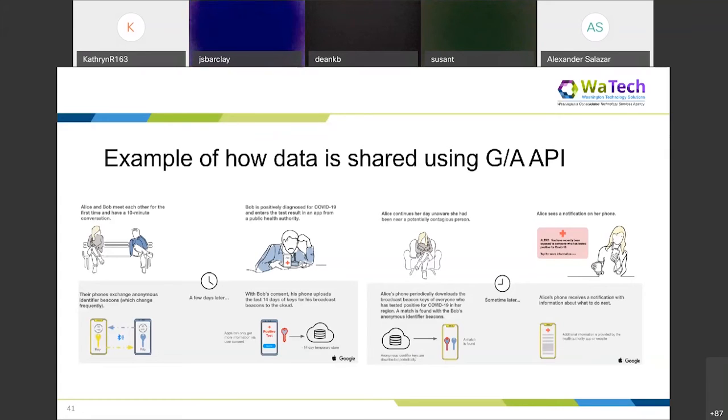There's not supposed to be any type of identifiable information in terms of what's being exchanged and what's being provided to the individuals when they receive the notifications. So some of the debate, when I'm talking about a centralization or decentralization approach, is how the information about the keys is gathered and the individuals.